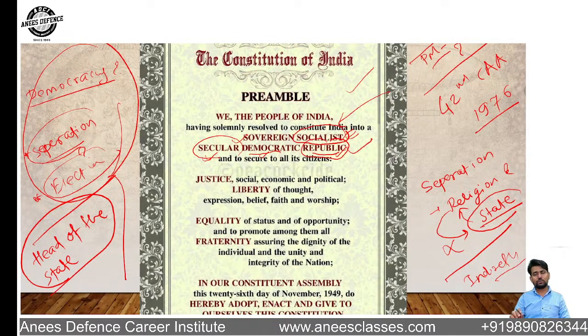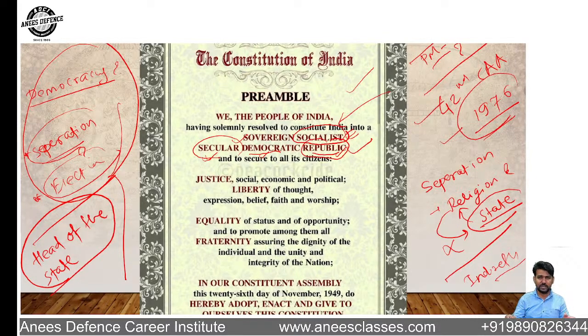But in the same case, if you see the UK, their head of the state is either the queen or the king. Right now, there is King Charles III. He is the head of the state in the UK, and he is not elected. He is hereditary, right? So that's why the UK cannot be called a republic, even though they are a democracy.